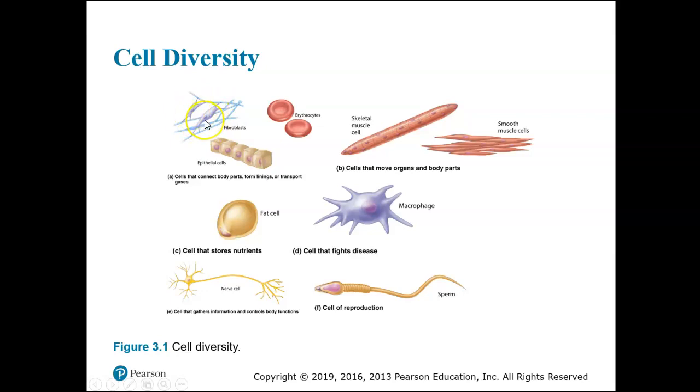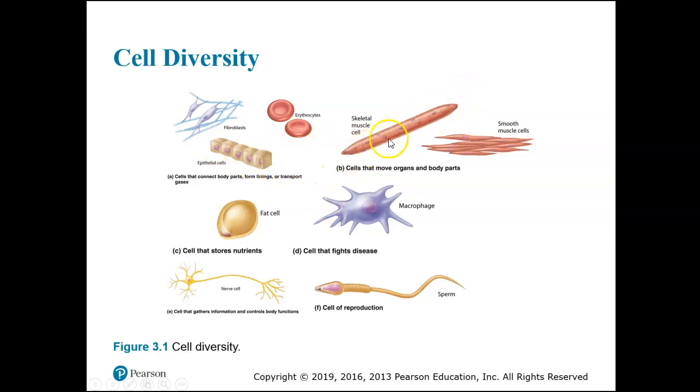They're found in connective tissue, and they produce protein fibers like collagen and elastic fibers and reticular fibers. Erythrocytes are red blood cells. These are cuboidal epithelial cells, shaped like a cube, and they are found in linings and coverings, like the skin is epithelial tissue.